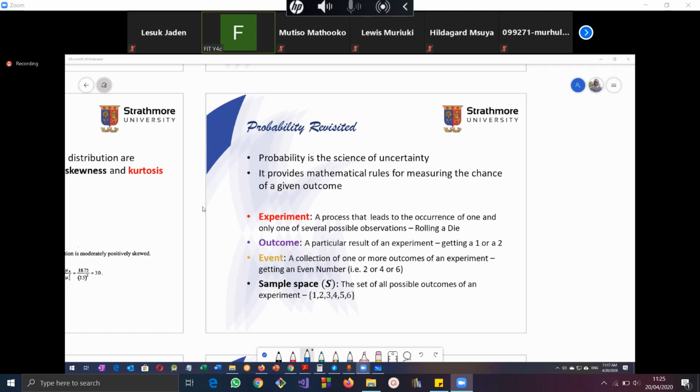Those are the relevant applied mathematical knowledge and units that we will need to be able to handle machine learning, deep learning, and related stuff. If you remember last time, we revised basically statistics, the science of data, and we looked into a few things: the different scales of data, primary or secondary data, and how we measure the spread, the measures of central tendency, and the moments of a distribution. By the way, we introduced distributions last week, and we are now going to carry on with the same notion of a distribution today.